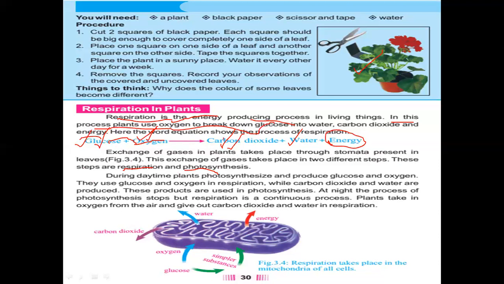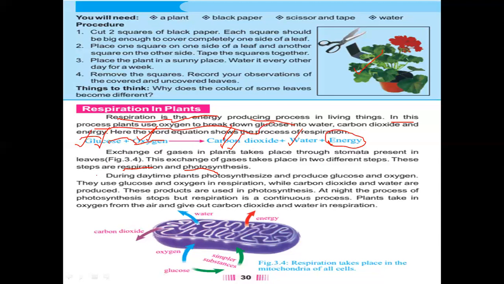They take out carbon dioxide in respiration but they take in carbon dioxide in photosynthesis. The gases they exhale, they utilize for another purpose. We will see with the diagrams in the next slides, inshallah.